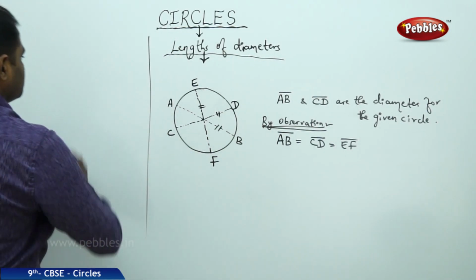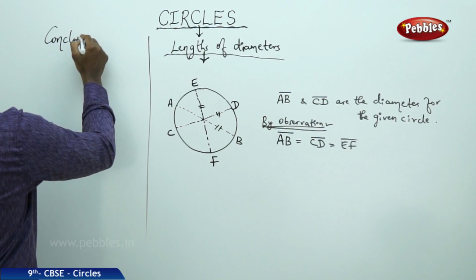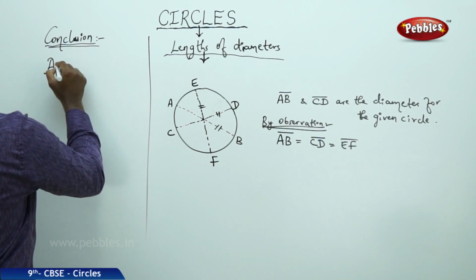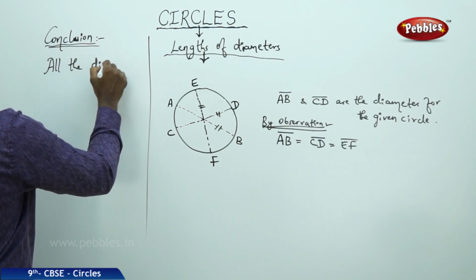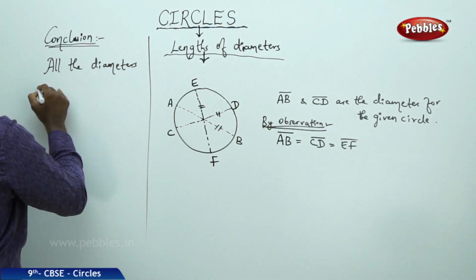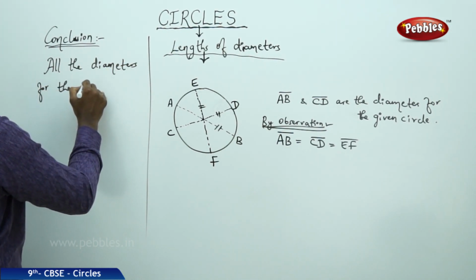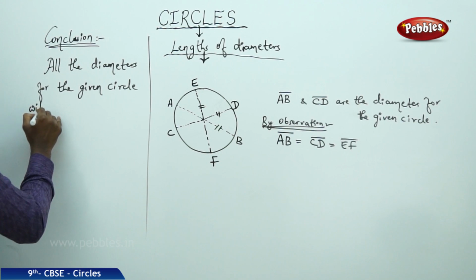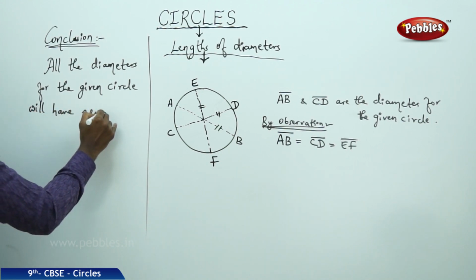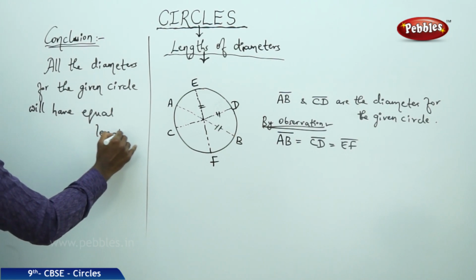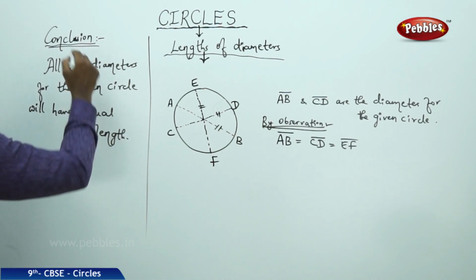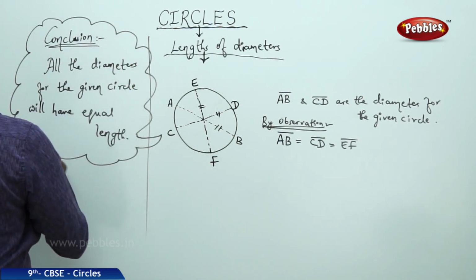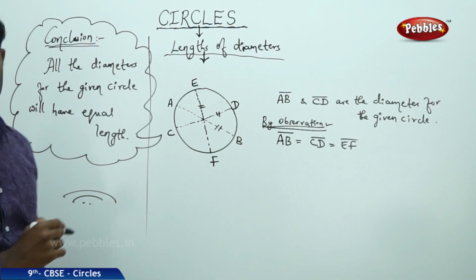Therefore, the conclusion: all the diameters for the given circle will have equal length, is how we understand the conclusion for the given diameters.